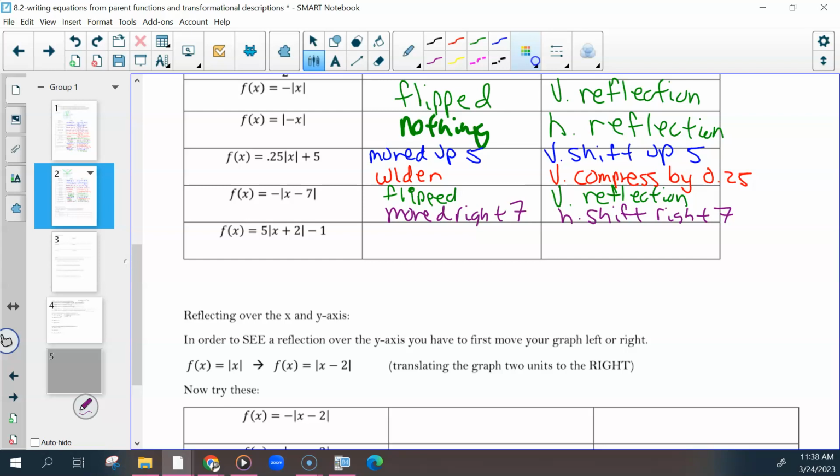So give me one of those 3 things. Say that one more time. It moved. It moved left. Left, yes. Okay. Move left 2.